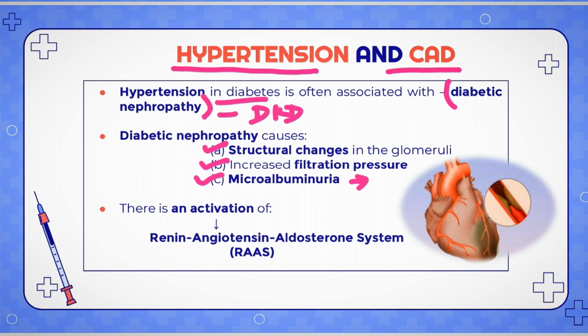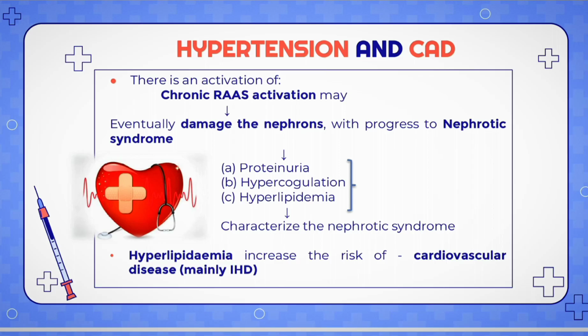Apart from that, hypertension also causes activation of the renin-angiotensin-aldosterone system in the body, in the kidney. The chronic activation of the renin-angiotensin-aldosterone system causes damage to the nephrons in the kidney and ultimately progresses to the development of nephrotic syndrome.